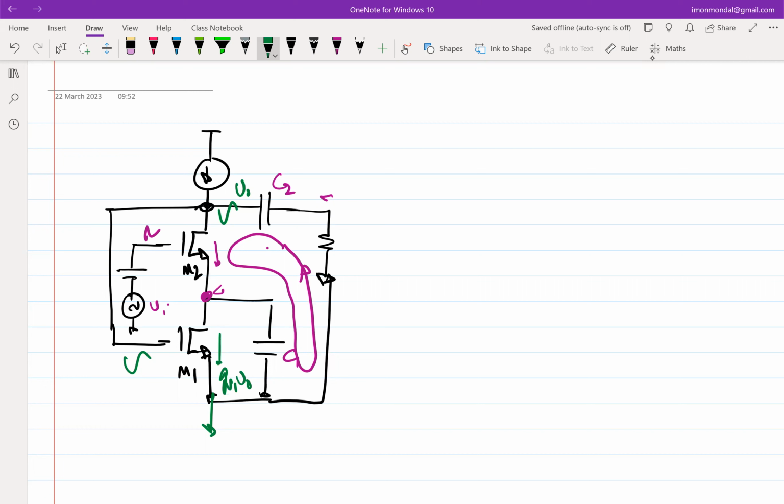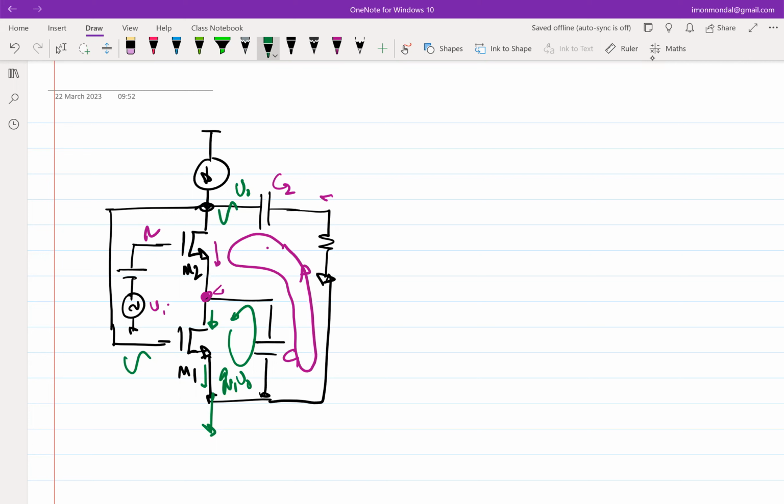But what is the direction of this current through M1? The direction of the current through M1 will be this. Because essentially, the current that comes out of the source has to flow into the drain, and in the drain it sees a short circuit, an incremental short circuit.